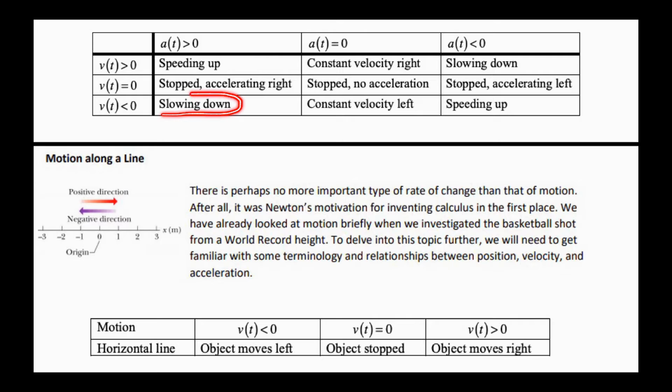So we've got one here, and we've got one here, right? So it looks like when velocity is positive and acceleration is negative, or when velocity is negative and acceleration is positive, when they have different signs, right?